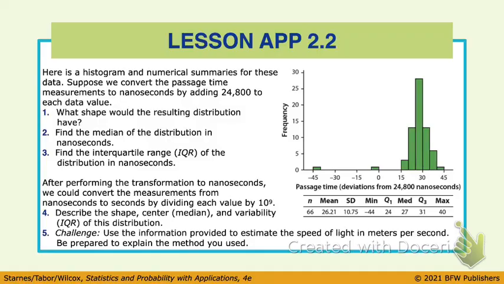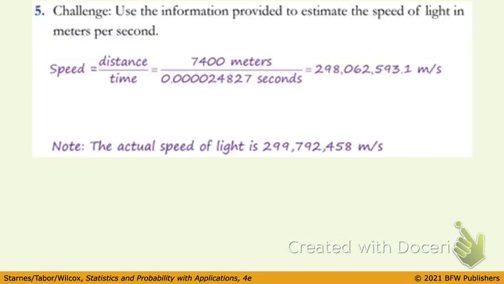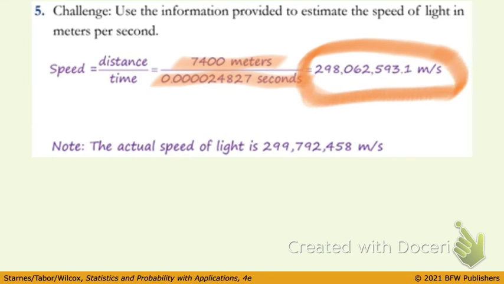So to answer this question, I'll just show you what they did. We would take 7,400 meters divided by this really teeny tiny number, and that's going to give us the estimate of the speed of light based on how far the distance he traveled, so it was 7,400 meters, and how long it took for that particular travel in seconds.